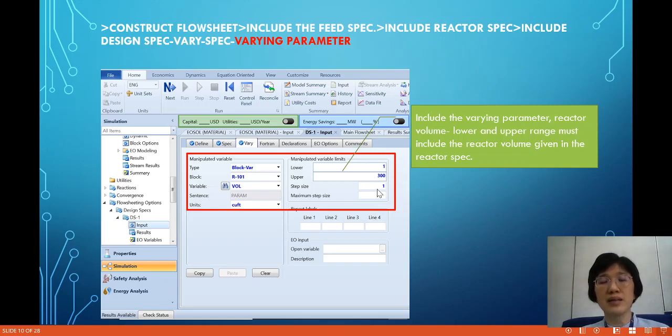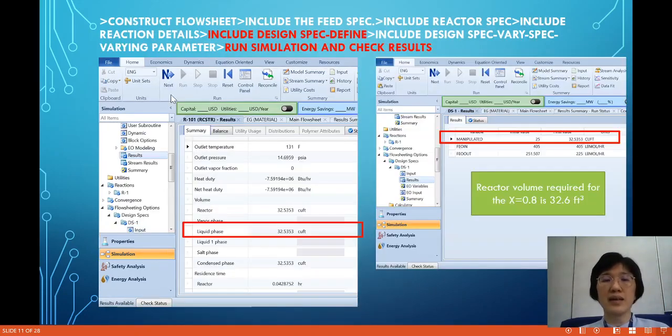That means the interval would be 1 feet cube. Once this is done, just click next if you don't know which step to go next, and you are asked to run the simulation. Just run the simulation and you can check the result under the results tab.